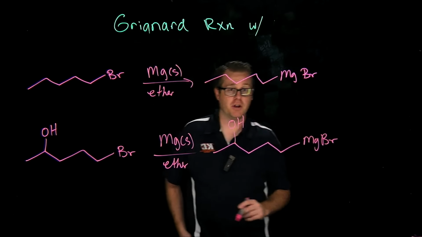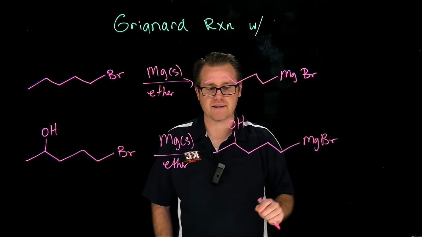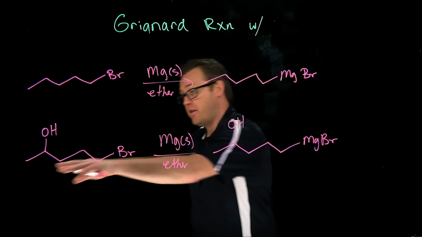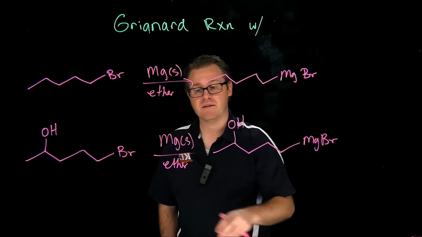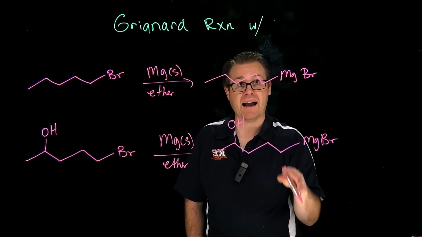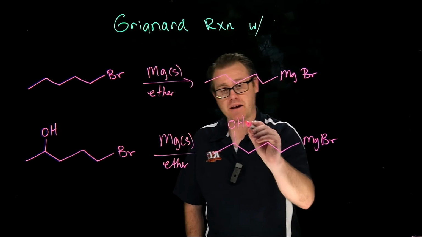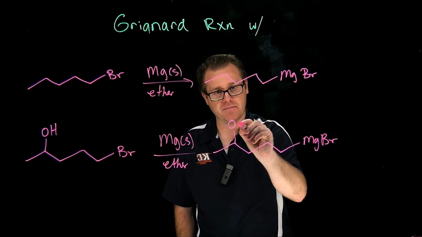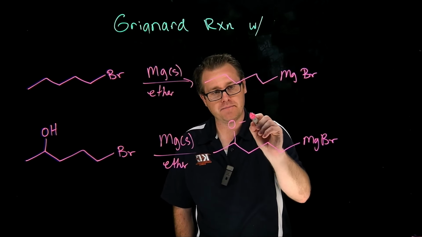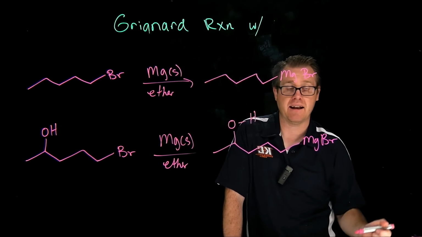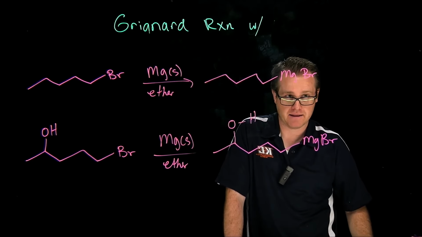Okay, you would for a split second, because the problem with this starting material is the fact that the moment you form the Grignard reagent, it's going to react with itself. Because what do we have here? We have a very acidic proton right there.